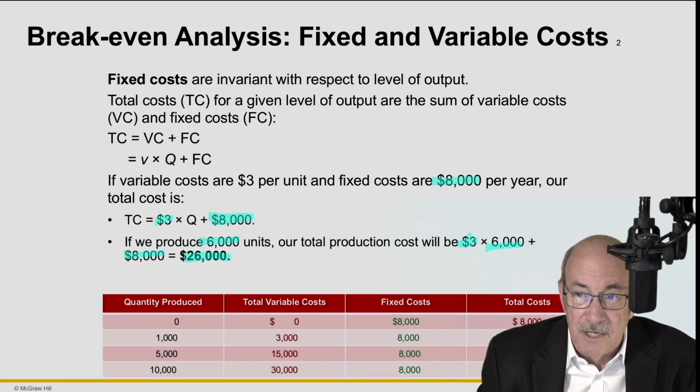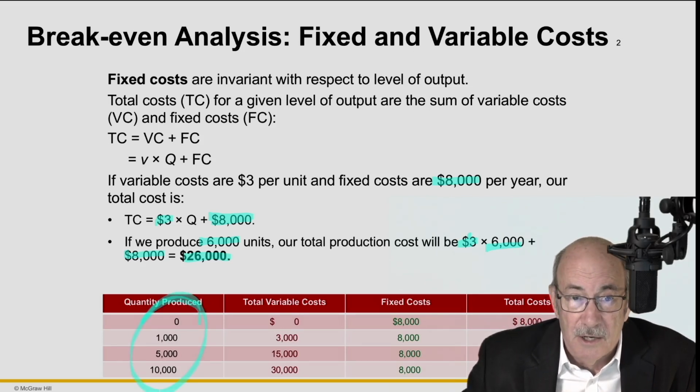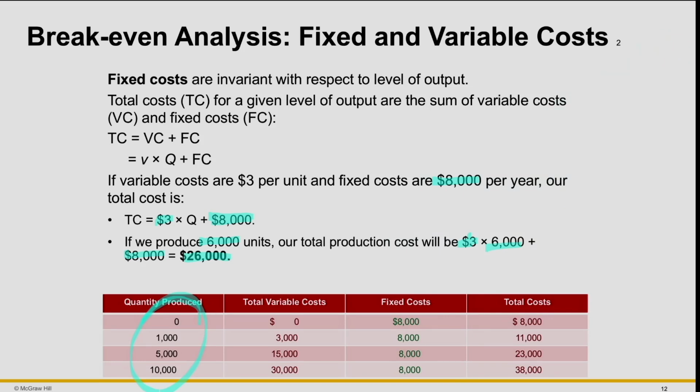And you can see on this table how that changes with the amount produced. So we go from 0 to 1,000 to 5,000 to 10,000. Notice that the variable costs go up linearly.